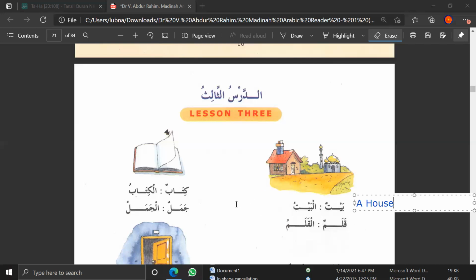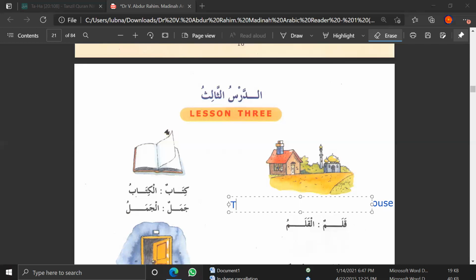And al-baitu, the house. Very good, excellent. Al means the. So baitun is a house, al-baitu is the house. Which one is particular, specific? Which one is common?